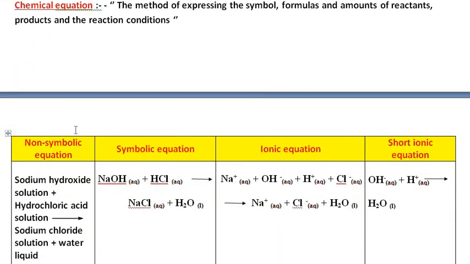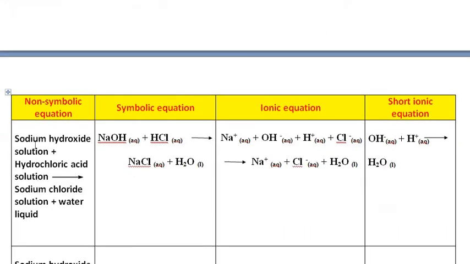Here are some types of chemical equations. This is called the word equation. As it is clear here, this is a word equation: sodium hydroxide solution plus hydrochloric acid solution, acid and base, form salt, sodium chloride, and water. This equation is a non-symbolic equation or word equation.